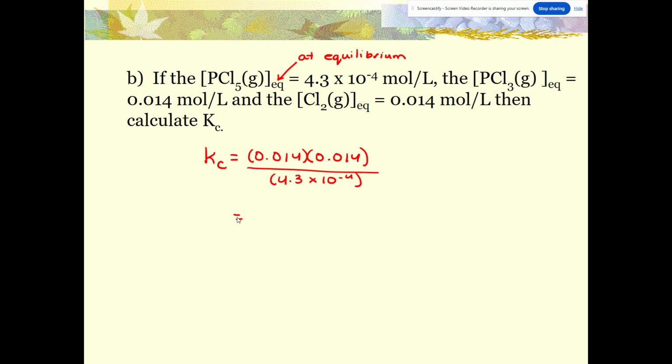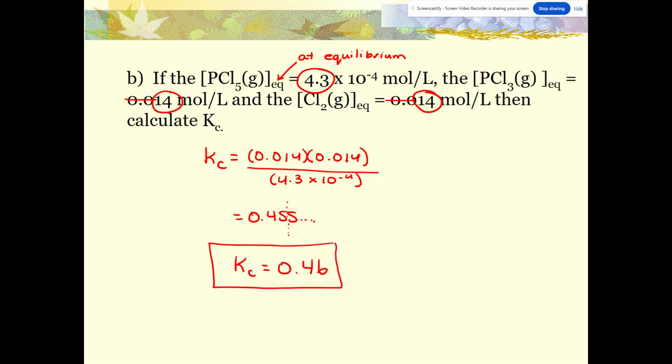Important to put that denominator in brackets. We get an answer of 0.455, and so on. Now, how many sig digs can we have? There's 2, 2, and 2, because leading zeros don't count. So 2 sig digs would cut off right there. And remember, we do not put units with our answer. So the answer is just 0.46. Okay?